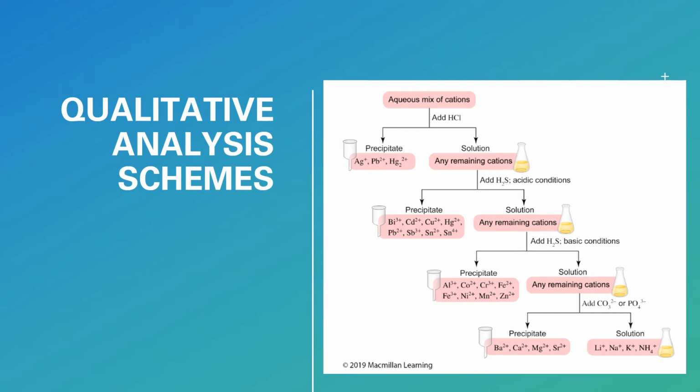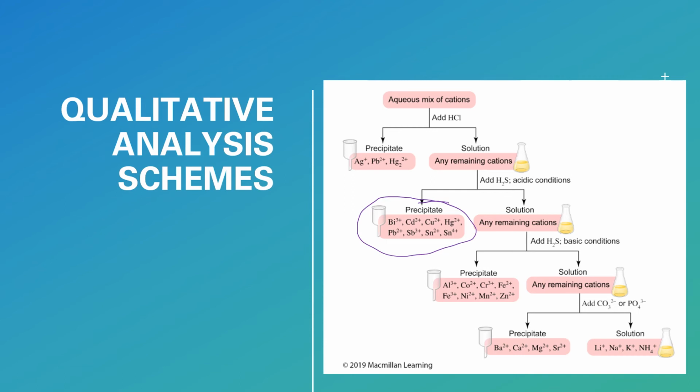So then you can take what we call the supernatant liquid. The supernatant is the liquid that is above a precipitate that has formed, and it might have some ions remaining. What you'll do next is keep it in acidic conditions and add sulfide ions. And if any of this long list of metals is present, they'll precipitate out.